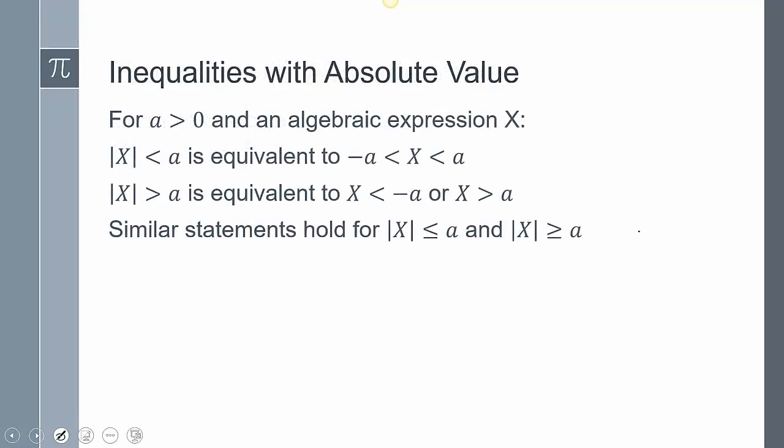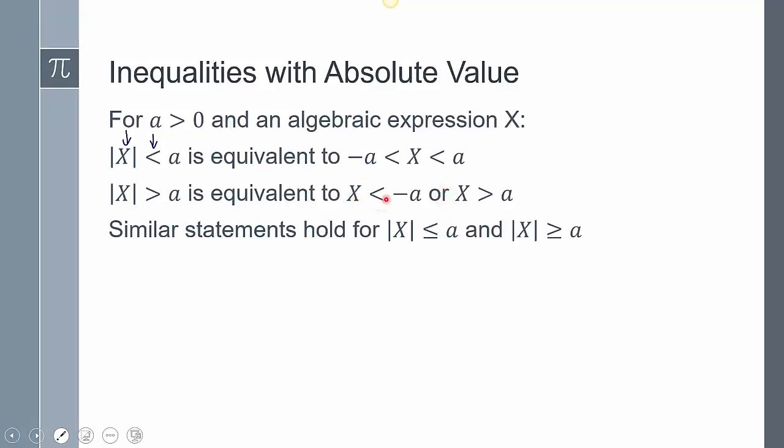Now for inequalities, it's going to be a little bit different. Whenever I have my absolute value being less than a, then I have to write it as an and statement, so the expression is going to be in between negative a and positive a. When the absolute value is going to be greater than a, I write it as an or statement.